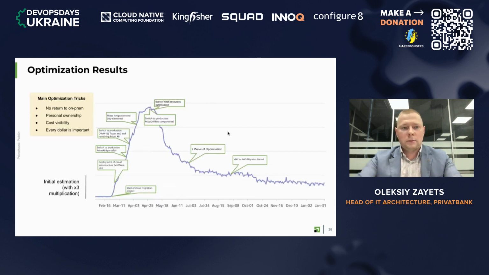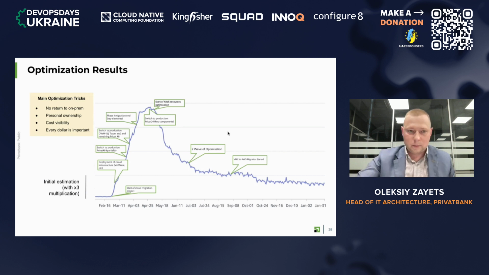And you can see our optimization results. On this chart, in October, we returned to the previously estimated budget and calmed down our management and stakeholder representatives. It was maybe not lower effort than the migration itself.